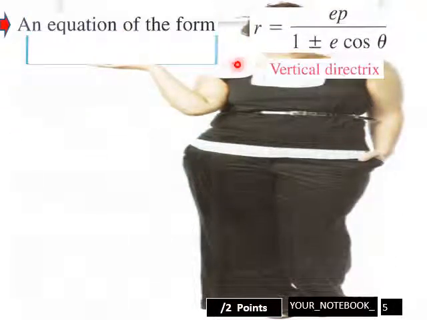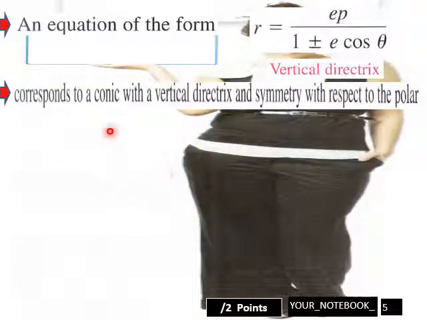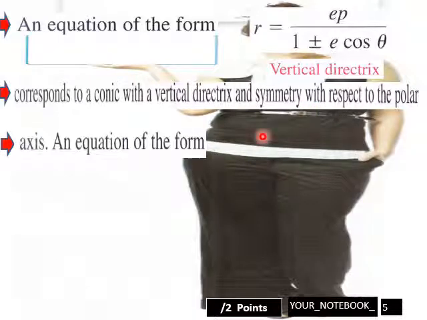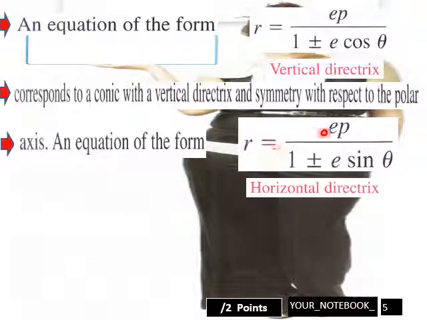So an equation in the form r equals EP over 1 plus or minus e cosine theta corresponds to a conic with a vertical directrix, and symmetry with respect to the polar axis. An equation in the form r equals EP over 1 plus or minus e sine theta will have a horizontal directrix.